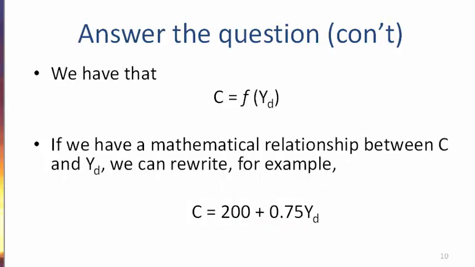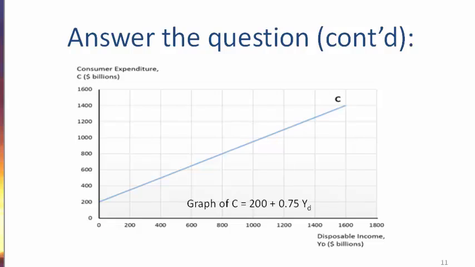If we know the numerical relationship between consumption and disposable income, we might be able to write the function, for example, as consumption is equal to 200 plus 0.75 times disposable income. If we were to graph this function, we see the consumption line plotted here. If we added another variable to the equation, this would cause the consumption function to shift up or down the way it's graphed here.